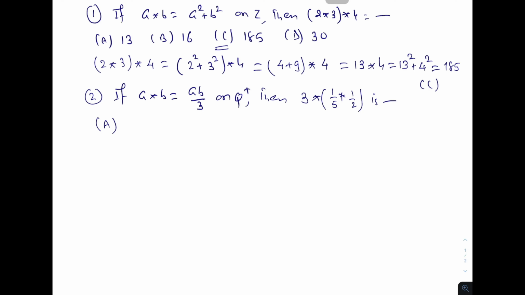Here the options are 5 over 160, 1 over 30, 3 over 160, 3 over 60.